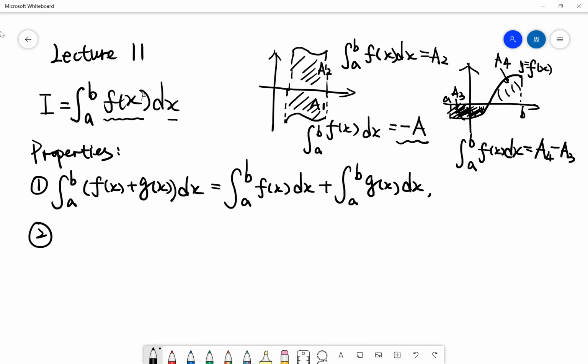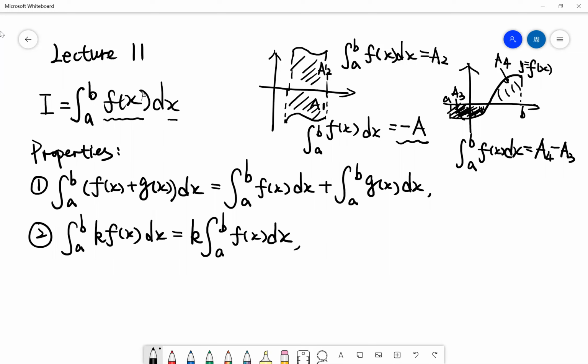And second, if the integral is a constant k times f(x), we can take the constant k outside the definite integral. So that equals k times the integral from a to b of f(x) dx, right?